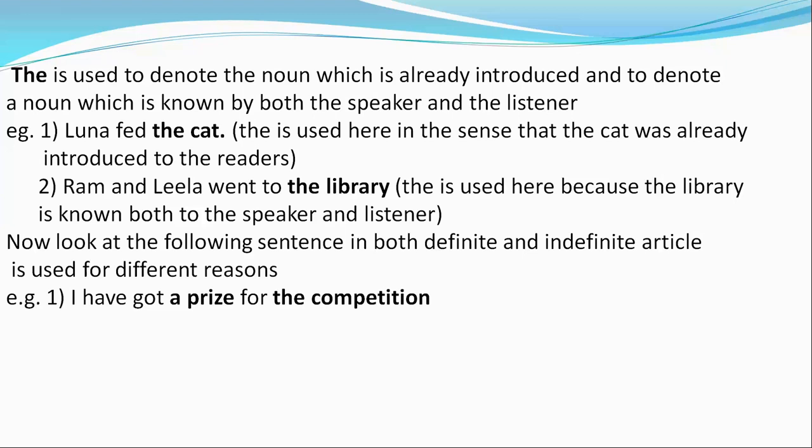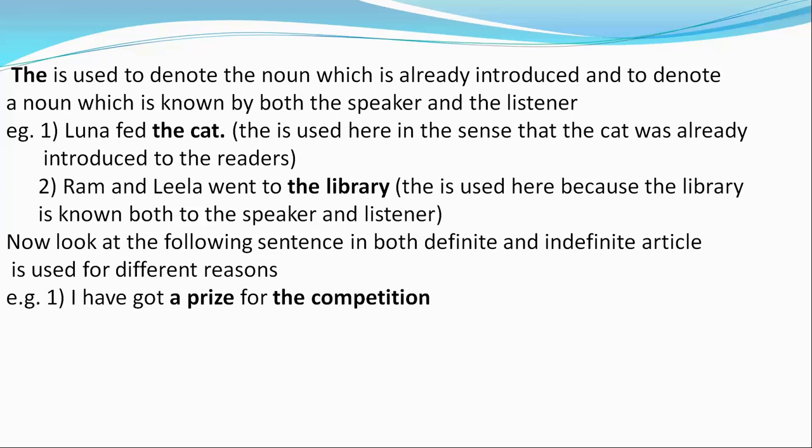You must look into the reason for which these varying articles are used before these varying nouns. In this sentence, before the noun prize, 'a' is used, and before the noun competition, 'the' is used. The competition in which I have participated was already introduced to the listener to whom I'm speaking.